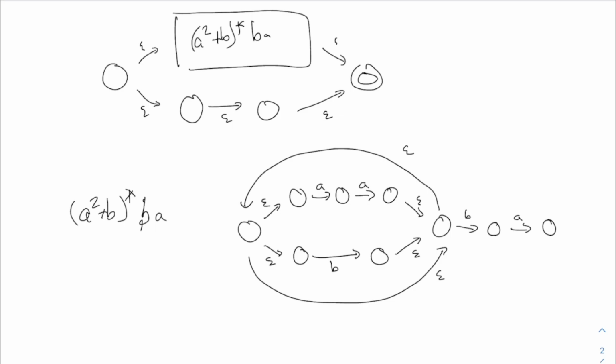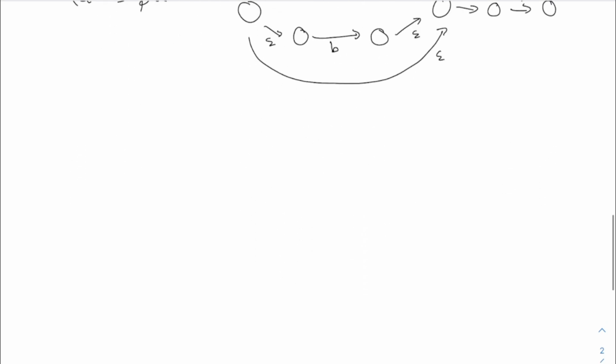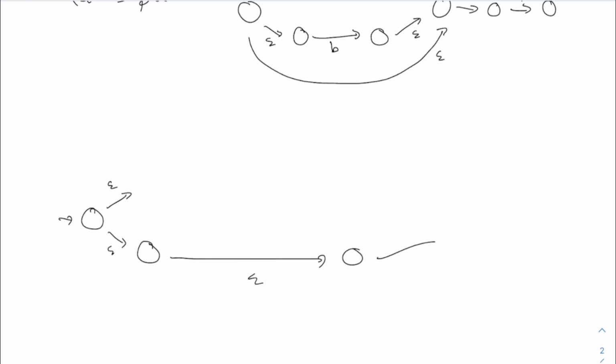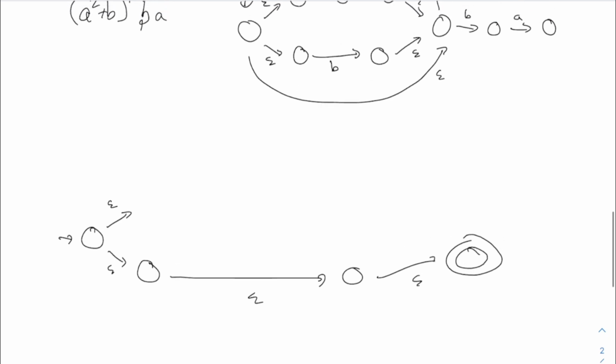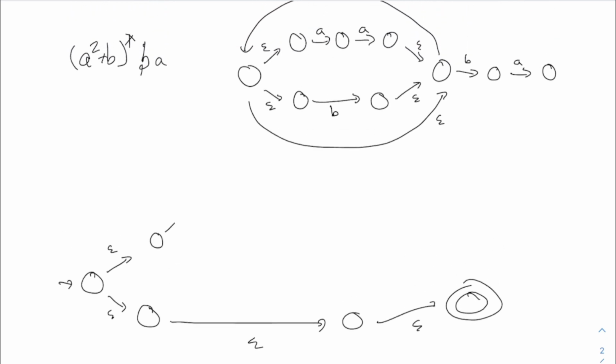All right. So I'm going to see if I can try and draw the whole thing at once. Here's my starting state. I go two epsilons. The one across the bottom is just epsilons all the way to my final state. And then the one across the top is that big burger from before. I'm just copying the picture that I see at the top of my screen right now.